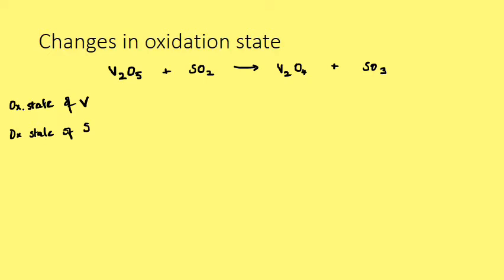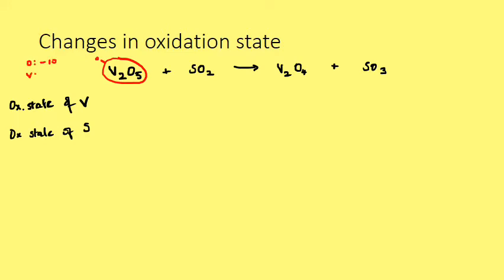So let's have a look at vanadium in vanadium 5 oxide. The name sort of gives it away, but let's work it out anyway. The overall charge is going to be 0. The oxygen is -2 each, so the oxygen is going to be -10 overall.